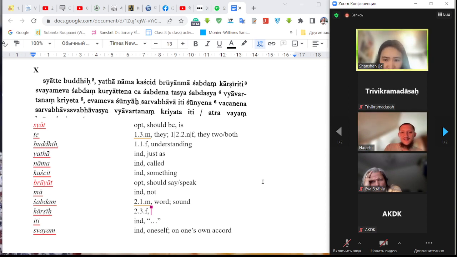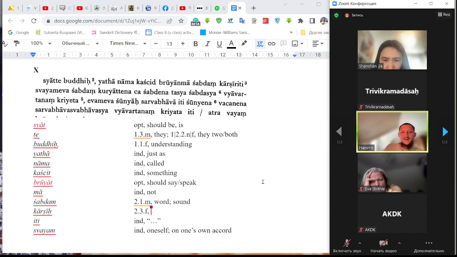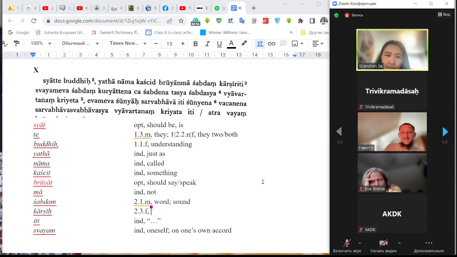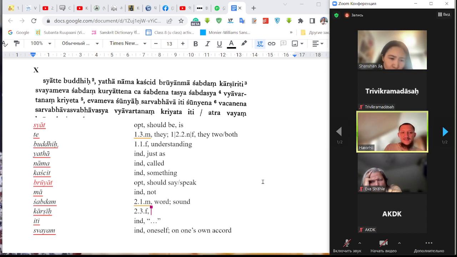From yatha till karshihi. I see. And then we have kuryat. So we have swayameva shabdam kuryat. That would be the third one.